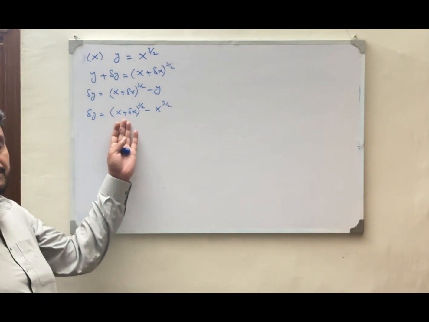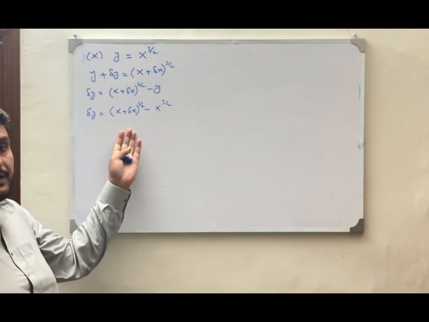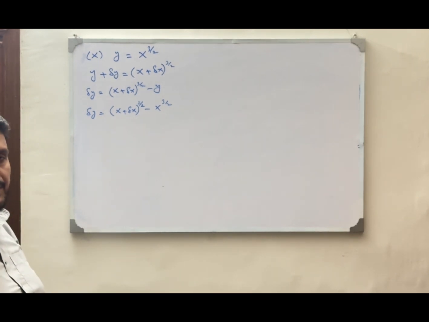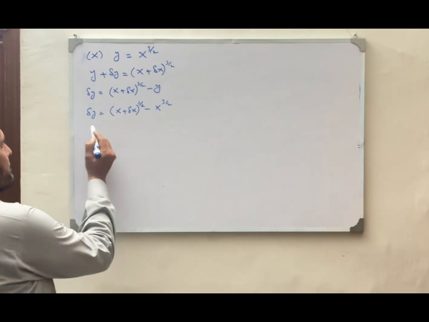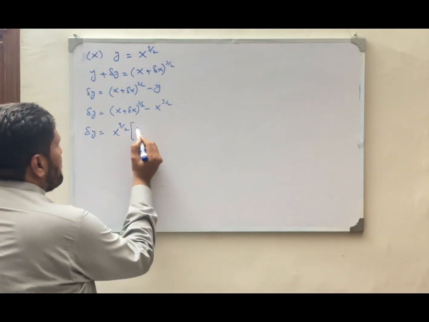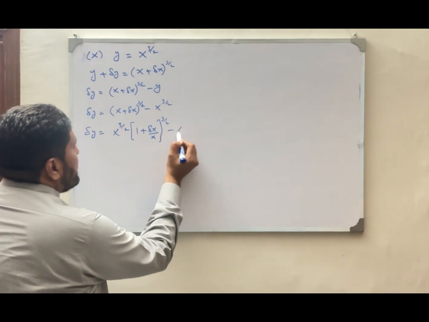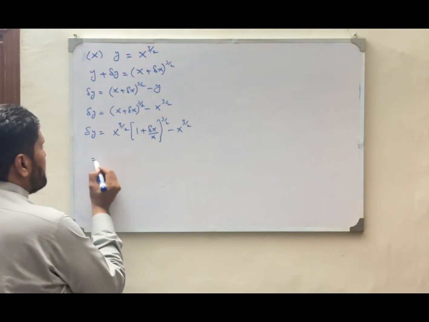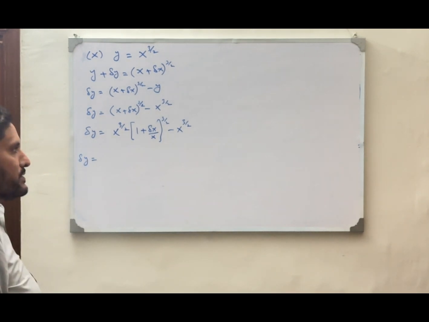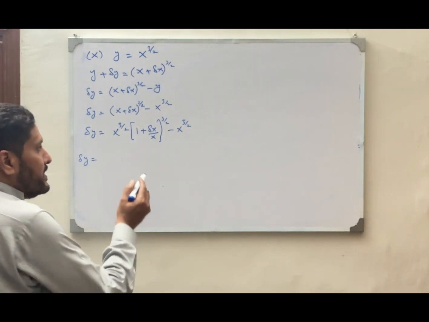So now again in this term we have to take x power 3 by 2 common, and then by using the binomial expansion we are able to simplify that. So delta y is equal to x power 3 by 2 into (1 plus delta x by x) power 3 by 2 minus x power 3 by 2. By applying the binomial expansion, (1 plus x) power n is equal to 1 plus nx plus n into (n minus 1) by 2 factorial into x square, taking the expansion up to x square only and omitting the remaining terms.